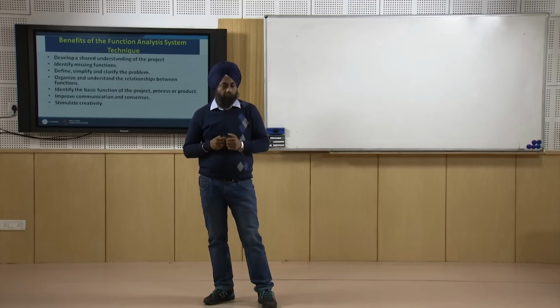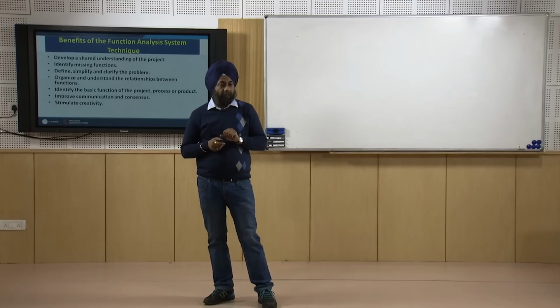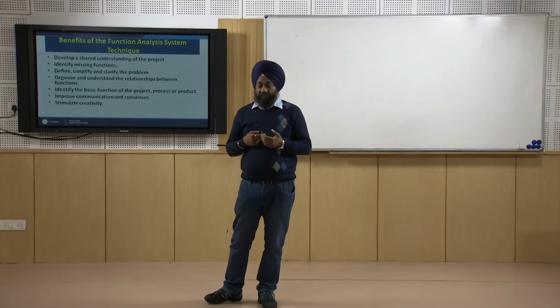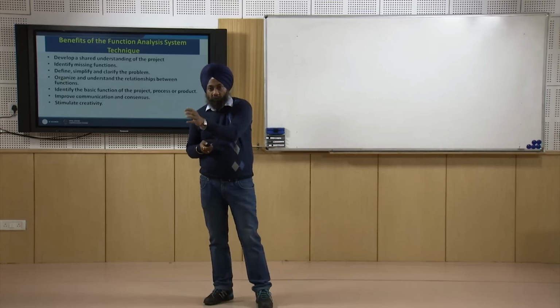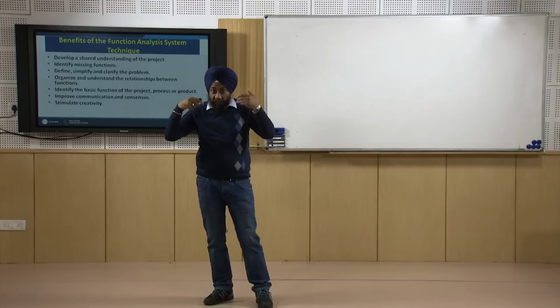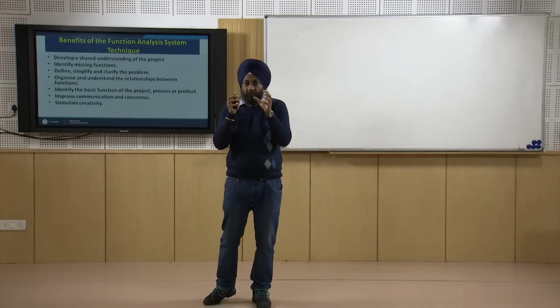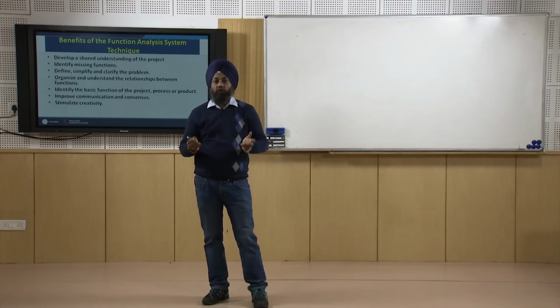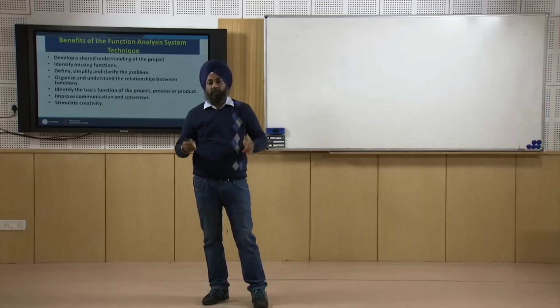That can also be done if you know the fast diagramming approach, and it will stimulate, as it was given in the first or second slide, that it is not the end product of your value analysis, it is the beginning. It will help you to create new ideas. It is just the representation of the complete product in its functional form or as per the functional analysis.